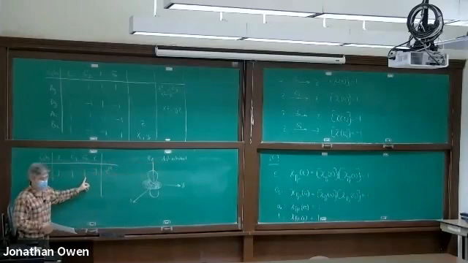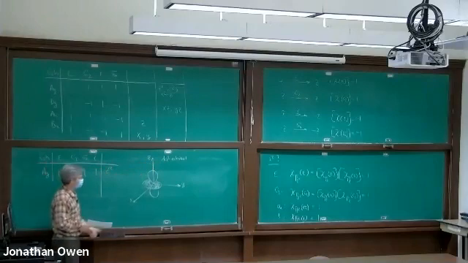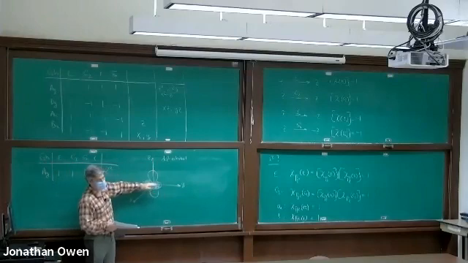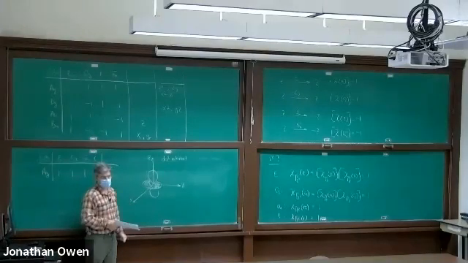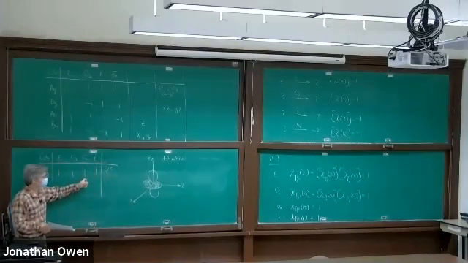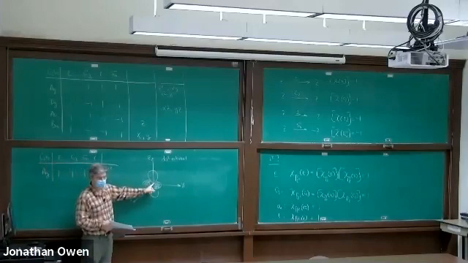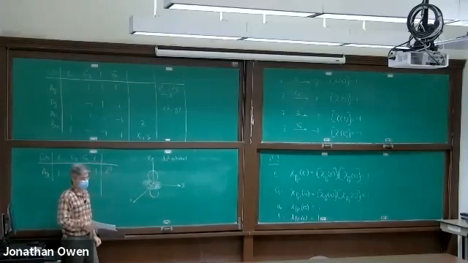How about sigma h? What plane is that? That's the xy plane, right? This is the principal axis, so sigma h is orthogonal to the principal axis. It slices the donut in half, and slices the top lobe and the bottom lobe. But they're plus and plus on both sides of the plane, so there's no change in sign when you do a sigma h. And it's also symmetric with respect to inversion, because going from this part of the donut to that side, or this lobe to that side, there's no change in sign.